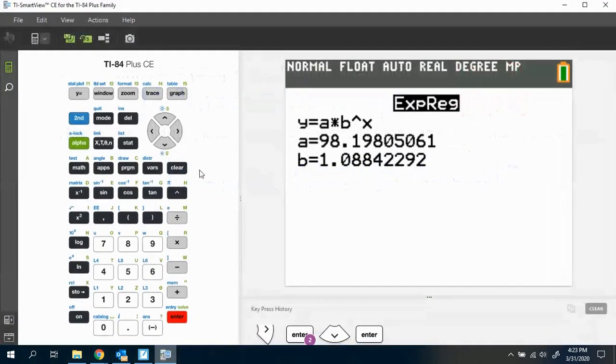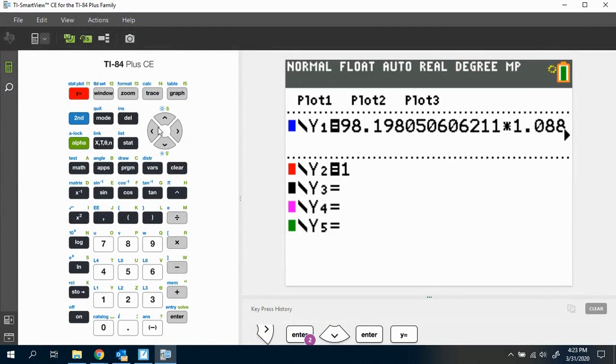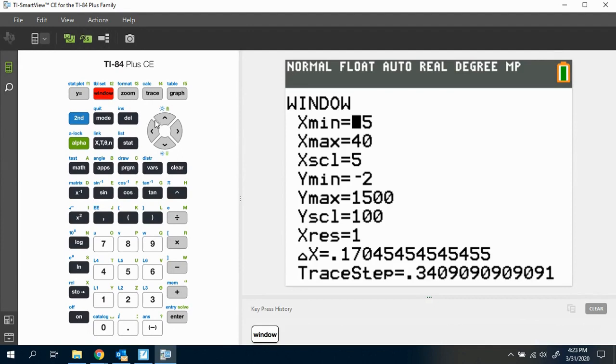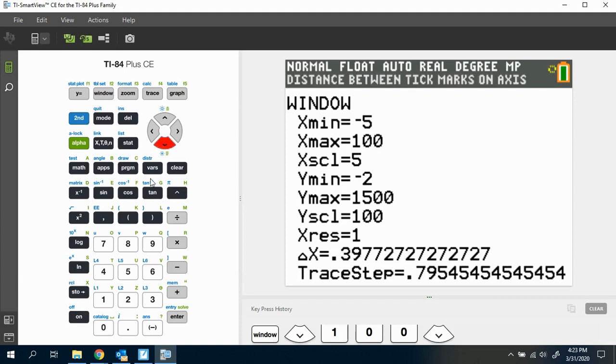But if this is a calculator problem, which this is, I can just leave that as my y1, make 1,700 my y2, make sure that I have a window that's going to be appropriate. So I would assume that it would happen within the first 100 minutes of the experiment. It's probably going to happen well before that, actually. And then I need my y max to include 1,700. So let's go up to about 2,000.